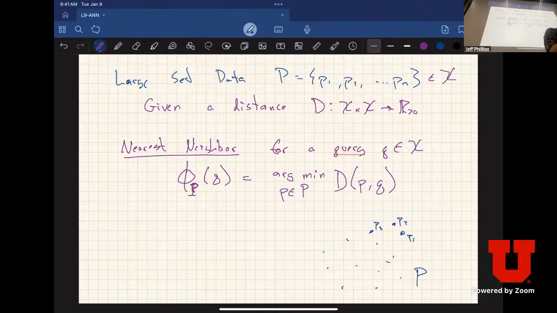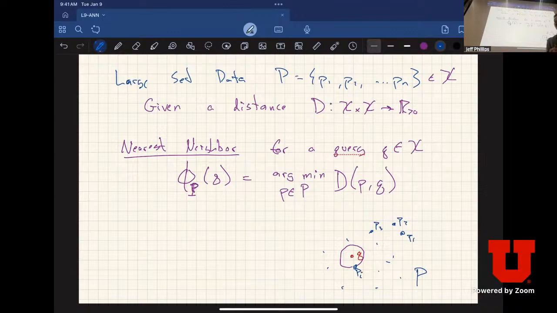then I'm going to think of having a query q, and if my distance is Euclidean distance, then I could think of drawing a circle, and there's one point here, p_i, that is the closest.